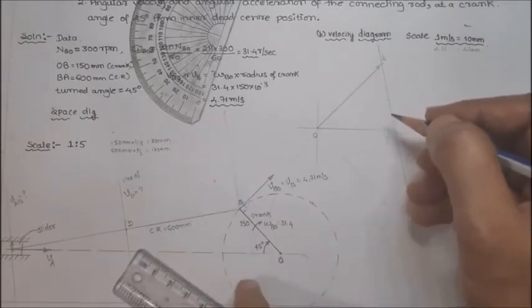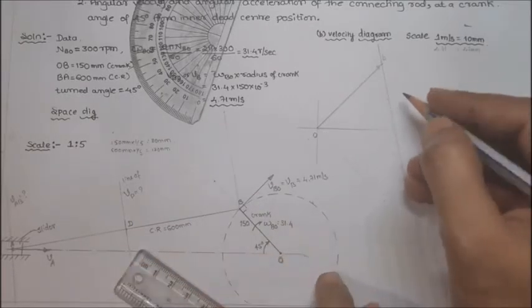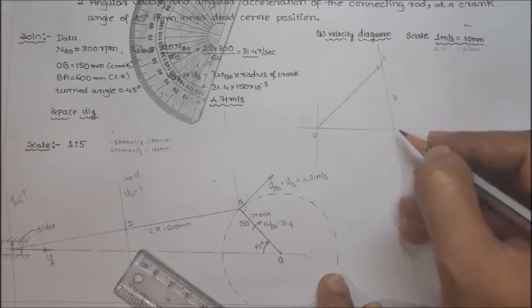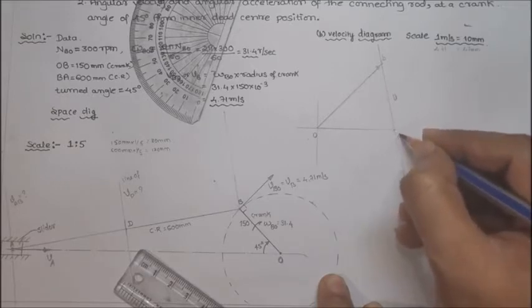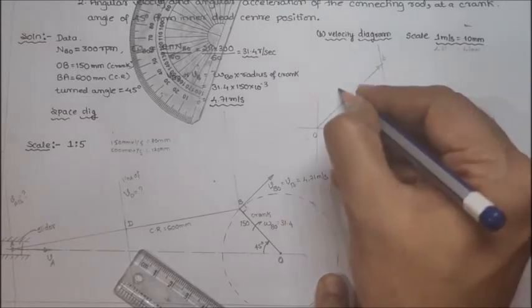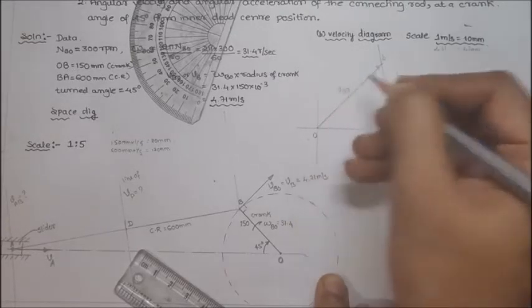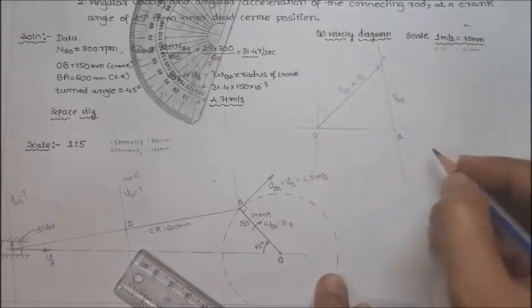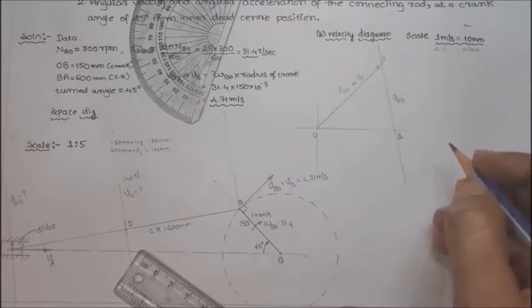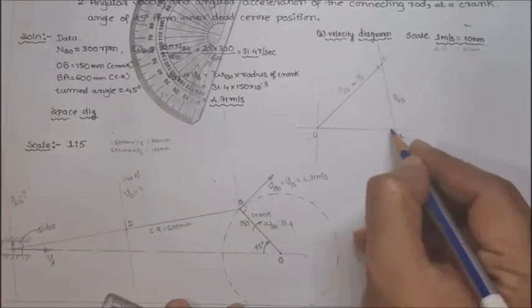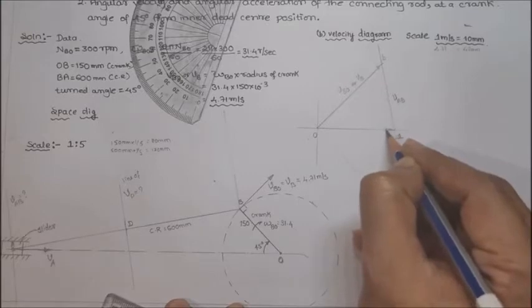So this is the next line. Where they are going to meet, that we have to label. So this is point A, this is velocity of A with respect to B, and this one is velocity of B with respect to O, or just velocity of B. From this vector we are going to get the linear velocity.